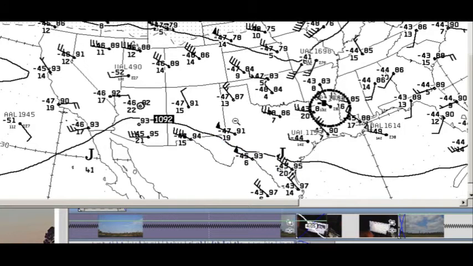And look at that. Looks like we get the addition of a ACARS report. See, United Airlines Flight 1159. This is why I like going to these particular kinds of plots, because all of the available data is displayed.